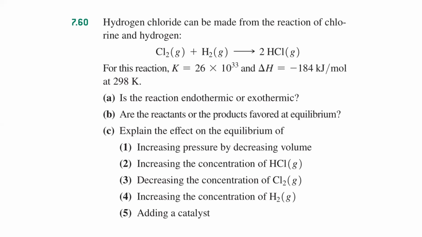Now 60. We're getting close here. Hydrogen chloride can be made by the reaction of chlorine and hydrogen. So there's the reaction. For this reaction, this literally is your K value. You're given the K value, and you know the delta H. Looking at this information, what's the sign of delta H?